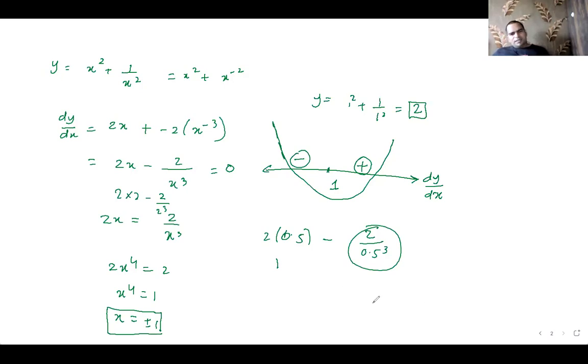Now to verify the second part at x equals -1, you plug in, let's say, negative 2. If I plug x as negative 2 here, 2 times negative 2, and minus 2 over negative 2 cubed, this will be a positive answer, and a bigger chunk is negative.